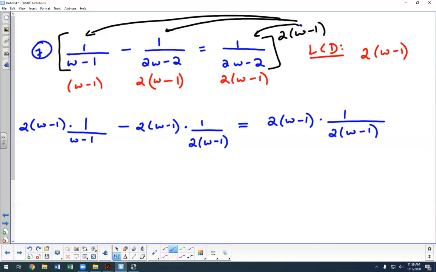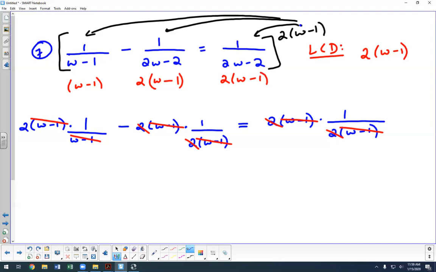On the first part, only the w minus 1 cancels out. So you will end up multiplying 2 times 1, which will give us 2 down here. For the other expressions, you will actually cancel out the 2 and the w minus 1, right? Both of them will cancel. So all our denominators should cancel out.